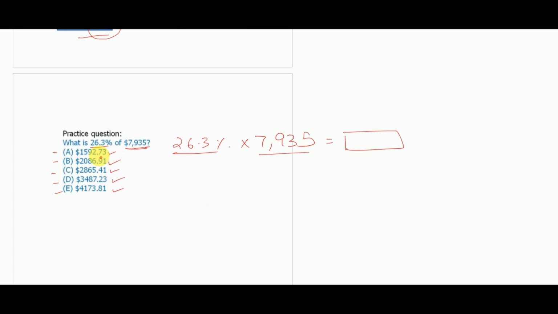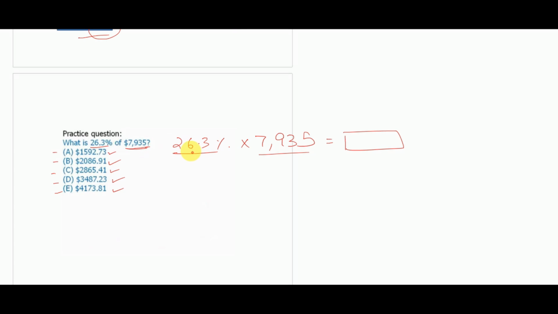There's a significant gap between all the options: approximately 500 between A and B, approximately 800 between B and C, approximately 600 between C and D, and 600 to 700 between D and E.